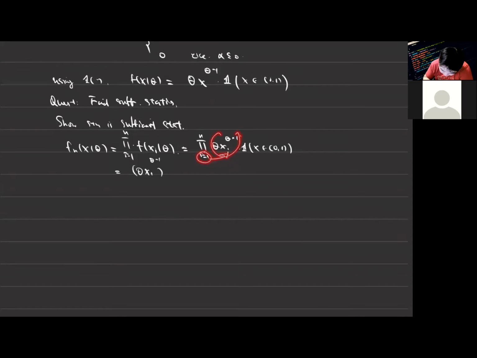That's my first term. Then I do the same thing, theta x_2^(theta-1), and the same thing, theta x_3^(theta-1). I can be 1, 2, 3 all the way to n. We write all of them out, all of them multiply together. That's the product of n terms. And obviously, don't forget this.